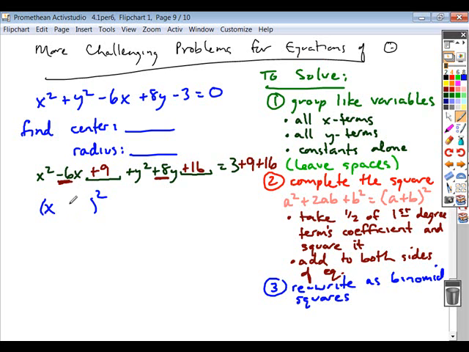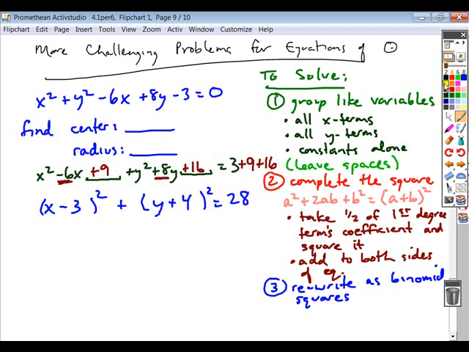Half of negative 6 again was negative 3. So that's our second term. For the y's, we get y minus, or in this case plus, half of our first degree term's coefficient. Half of positive 8 is positive 4. And then we just combine our like terms over here. 9 plus 16 is 25 plus 3 gives you 28.